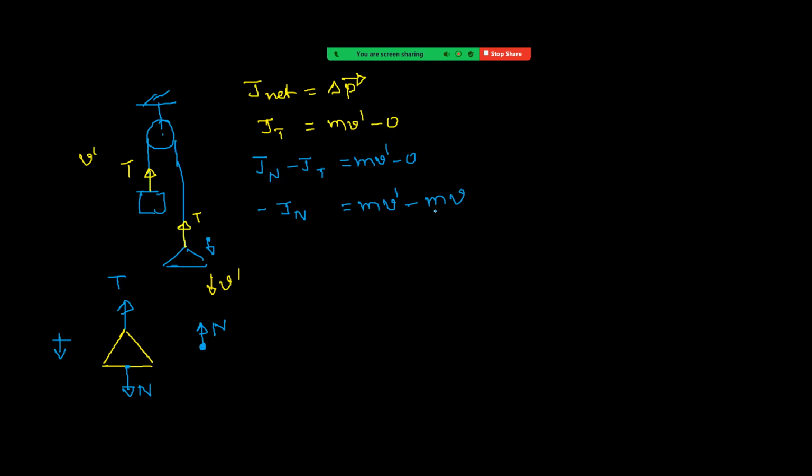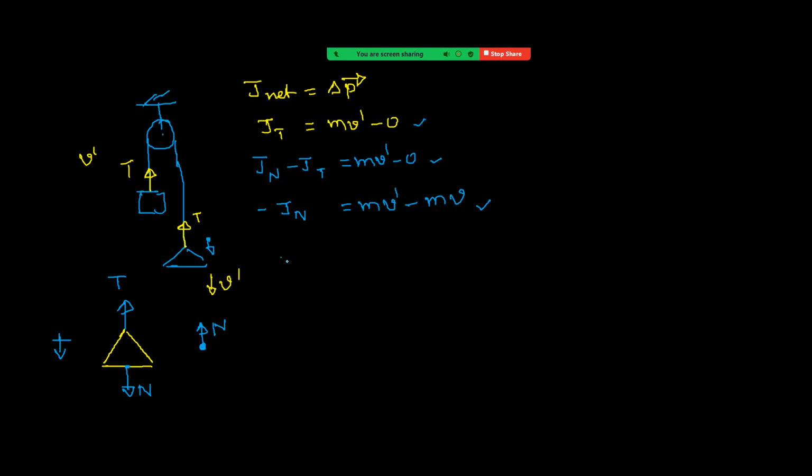Right? So we have taken the momentum impulse theorem for the block, next for the pan, and next for the particle. Now you can see the sum of these three equations. These two get cancelled, these two get cancelled.